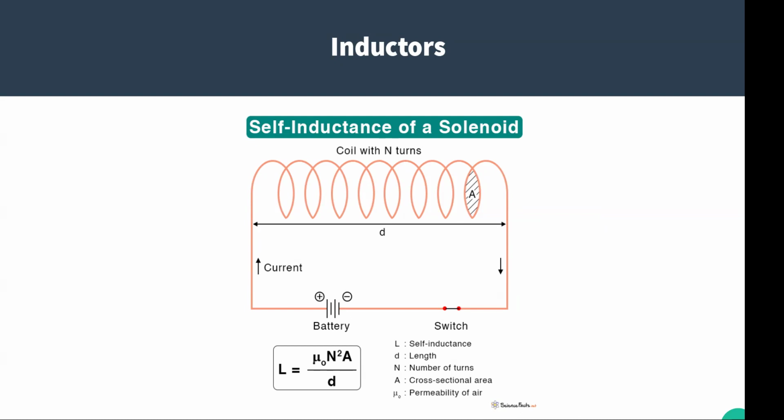The formula for inductance is down here, and you can see that how close the coils are together will increase the inductance, as well as the area. So the larger the coil and the closer they are together, the more inductance you're going to have.